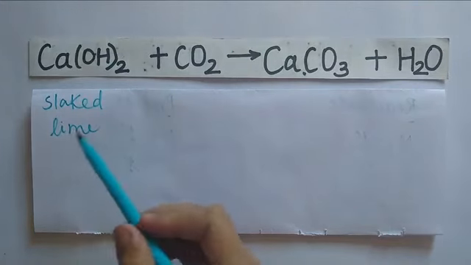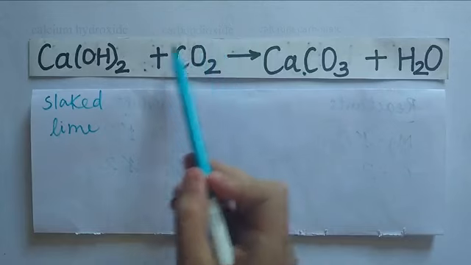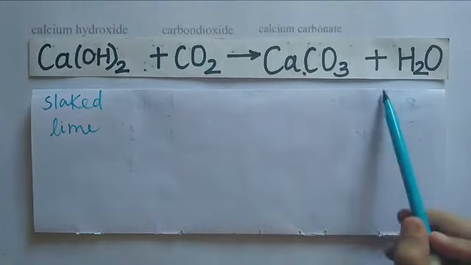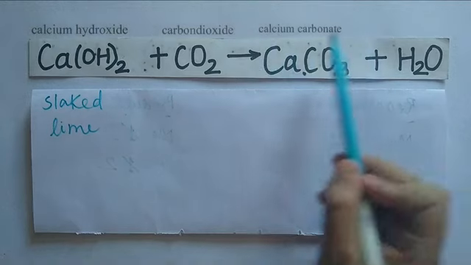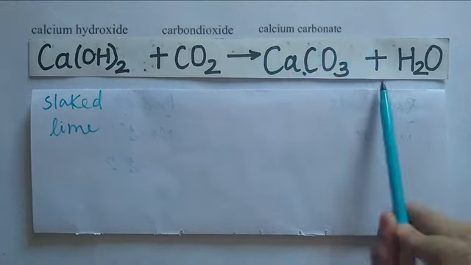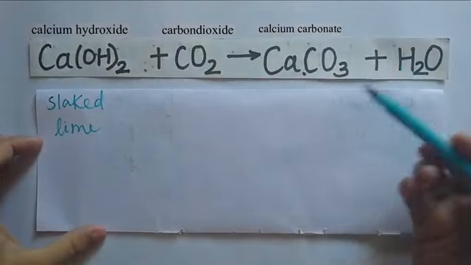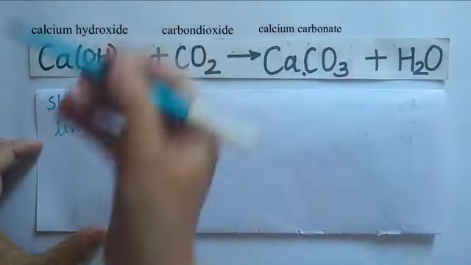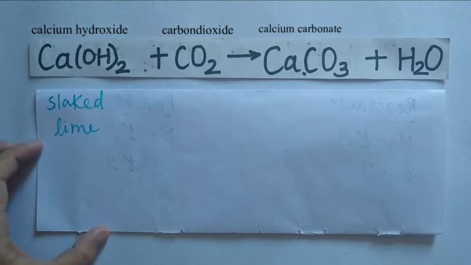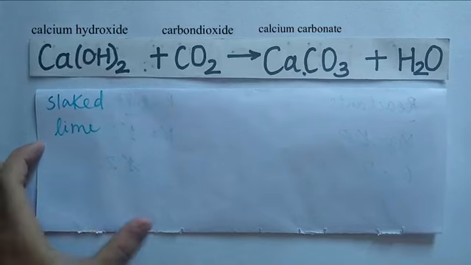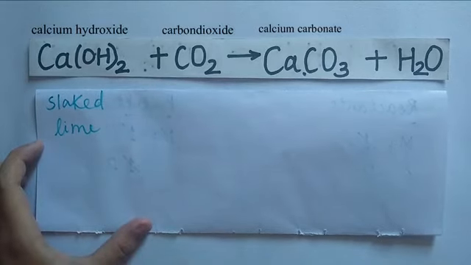The same slaked lime is reacting with carbon dioxide to give us CaCO3, which is also called calcium carbonate, and water as a side product. So why is this equation important to us? So this is one of the applications, alright? This equation shows us one of the uses of these two compounds, alright? So what exactly is the application?